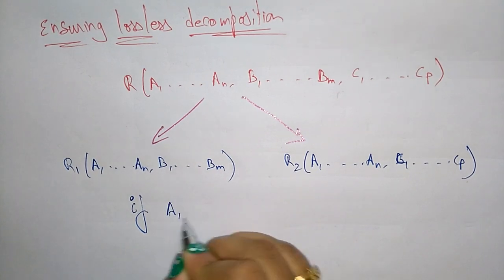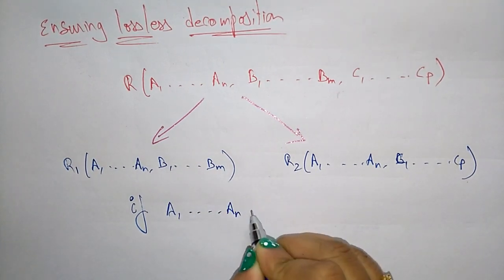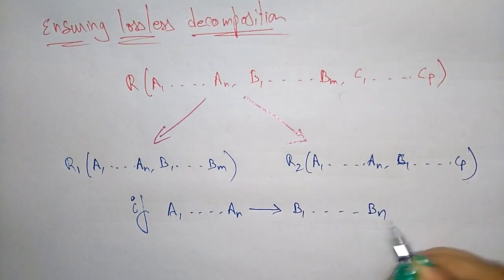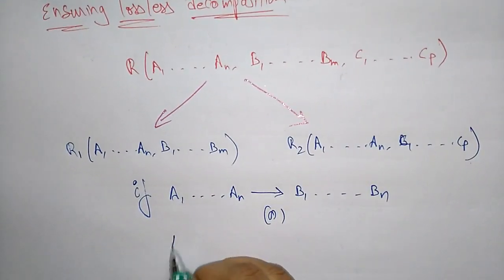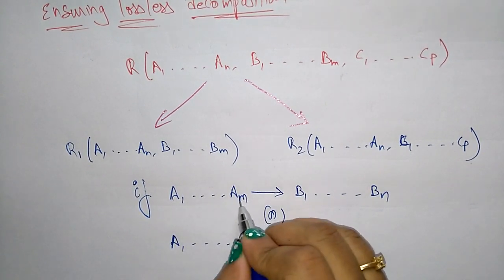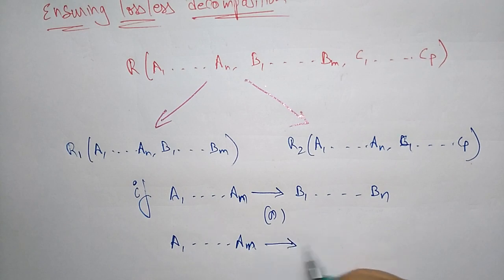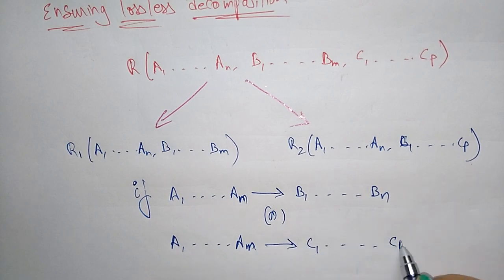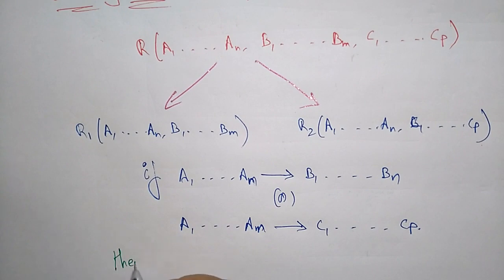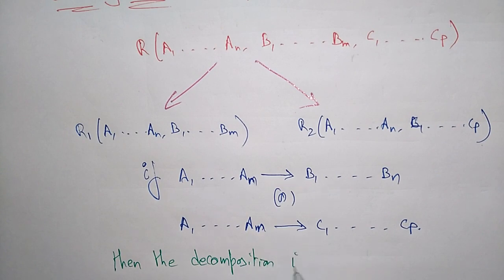If A1 up to AN determines B1 up to BM, or A1 up to AN determines C1 up to CP, then the decomposition is lossless.